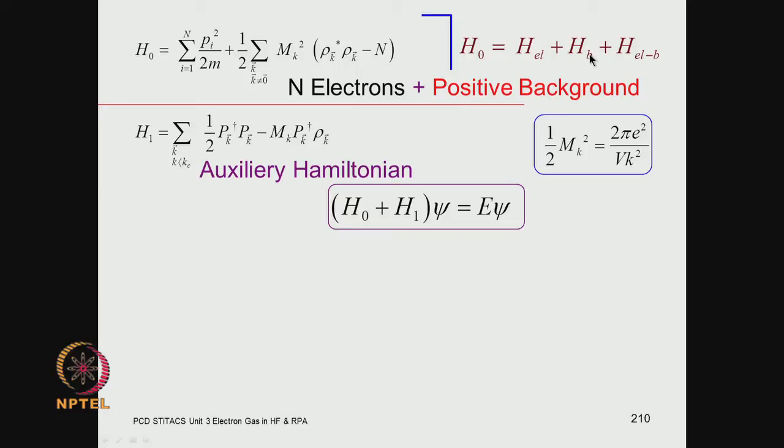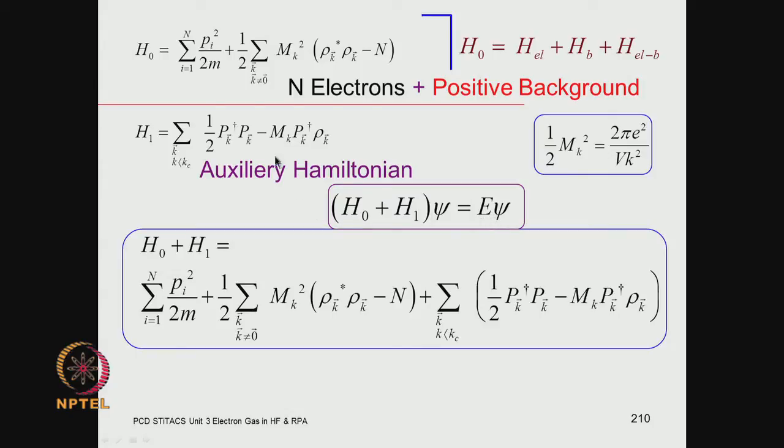There is a background interaction, there is an electron background interaction, and all of these three terms go together to define this H0, which is written here. This is the same H0, but what we have done is remove the k equal to 0 component. That is the one which kills the background and the electron background terms. So, this auxiliary Hamiltonian helps us describe the same system. It gives you the same Schrodinger equation as such.